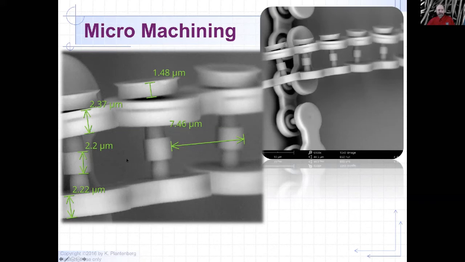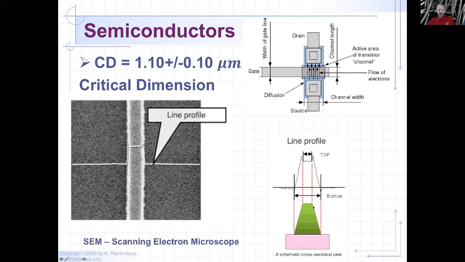Okay. So these aren't really machined like you would machine something in the machine shop. These are actually fabricated using the same processes we make computer chips with. Okay. And when I was in semiconductor industry, one of the biggest things that we had to tolerance and specify were called CDs. CDs are critical dimensions.